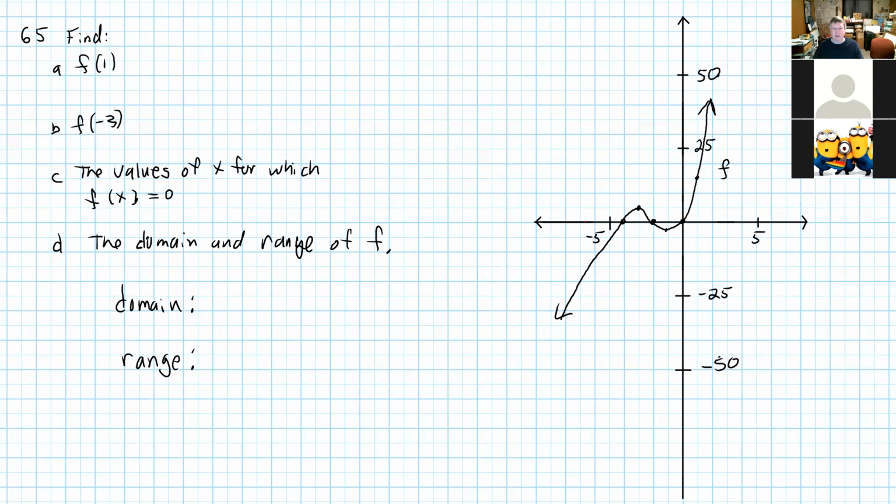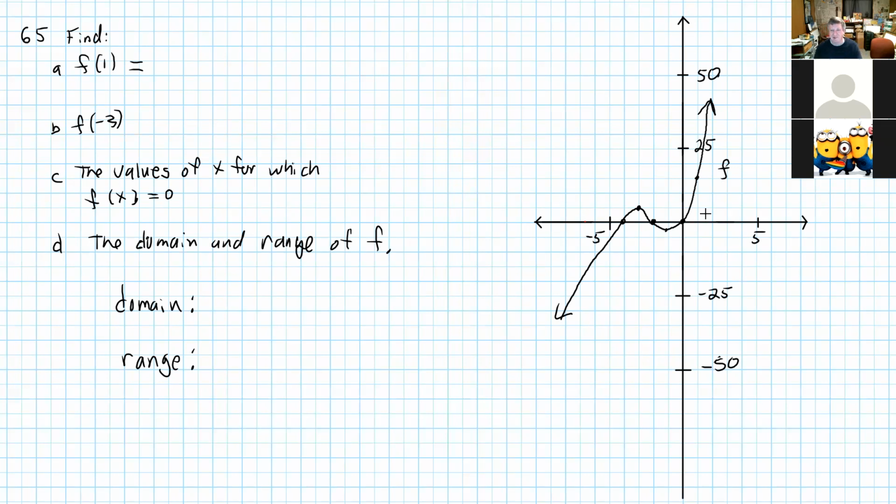Now we're going to put everything together. F of 1, find f of 1. So where on this graph is there a point or points that has an x value of 1? And be careful, look at the scales, they're not the same. Is it 3? Look at the scale.